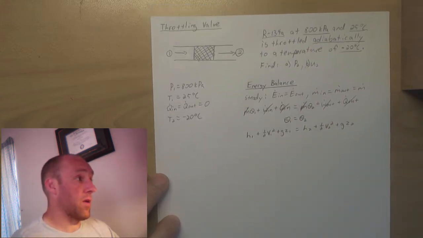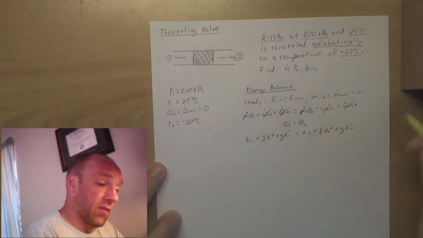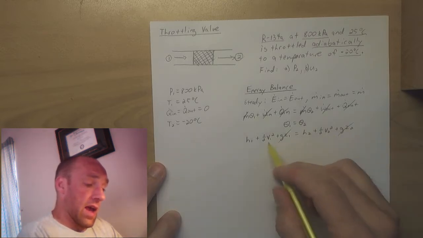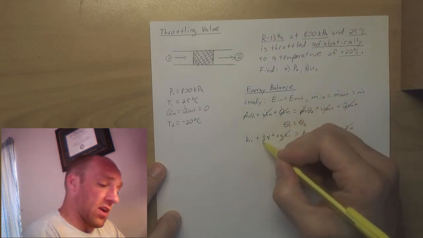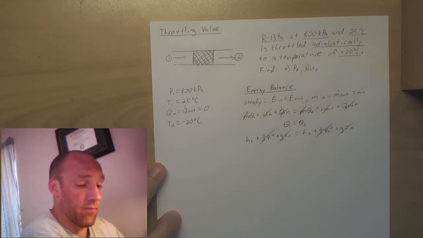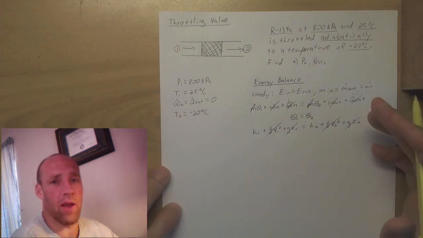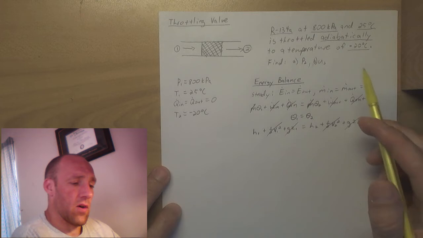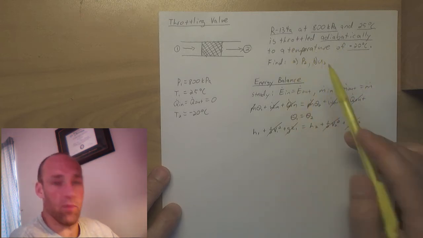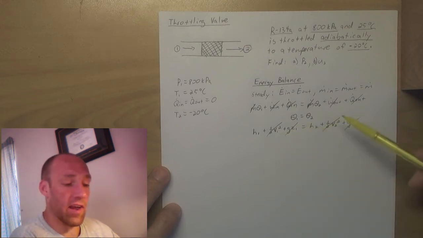Just by observation, I can tell that the elevation is not going to change appreciably. And then by assumption, the change in kinetic energy is going to be negligible. Now that's an assumption, and it's more or less valid depending on the situation. For your purposes, if I don't mention a velocity anywhere in the problem, the change in kinetic energy is going to be negligible.